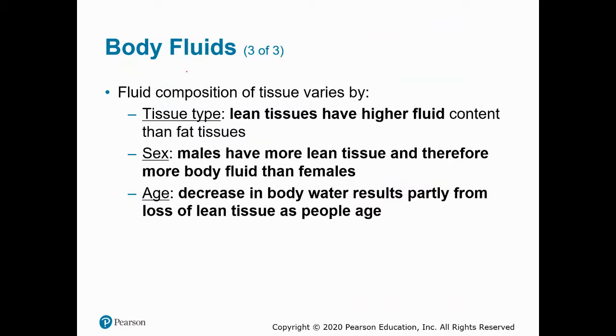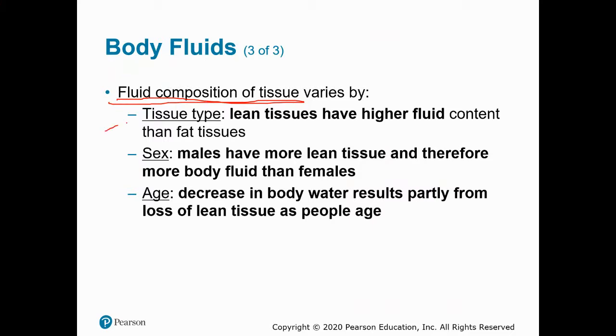And then just a little more about body fluids. Fluid composition of tissue is not always the same. It's not always permanent or constant. The fluid composition of our tissue changes all the time, actually. And there are some specific factors that are going to determine some of that baseline variability of the fluid composition within our tissues.